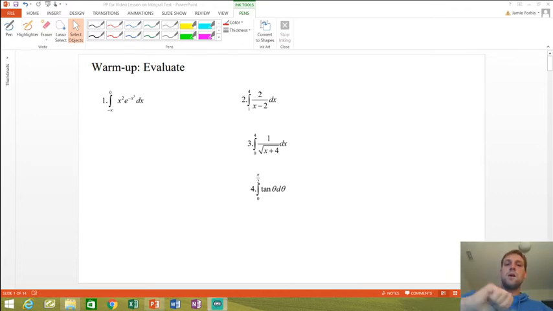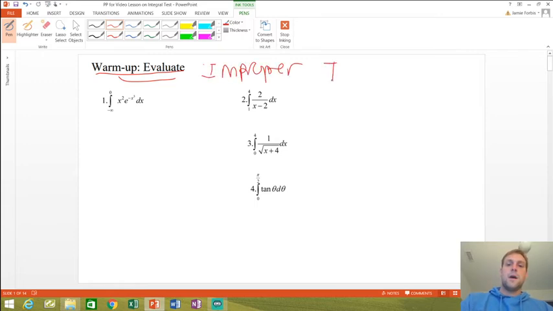Originally I had a warm-up that was going to be practicing some old stuff, and this was improper integrals. For the sake of time and video purposes, I'm not going to go through these slides, but just to refresh you on what they are doing. Remember, improper means that the bounds are not defined or go to infinity.